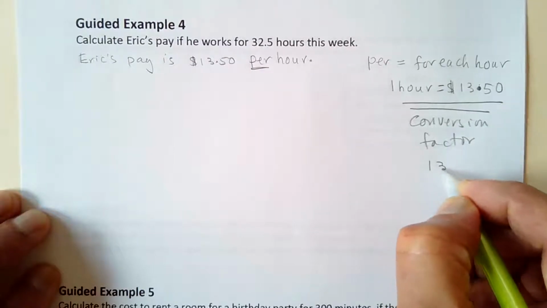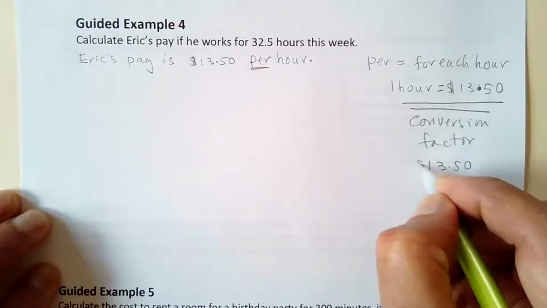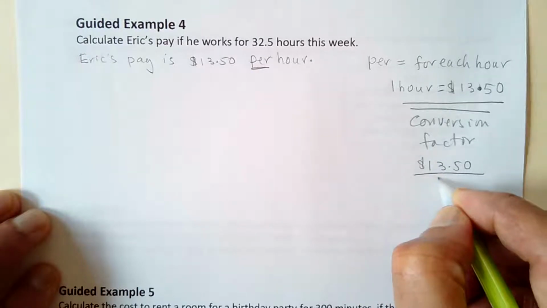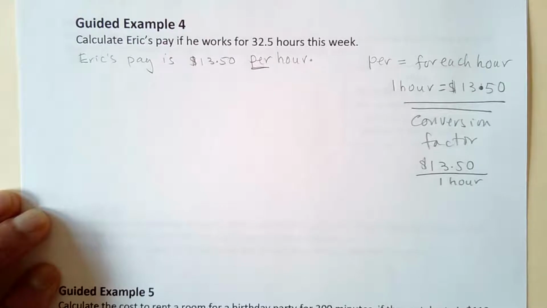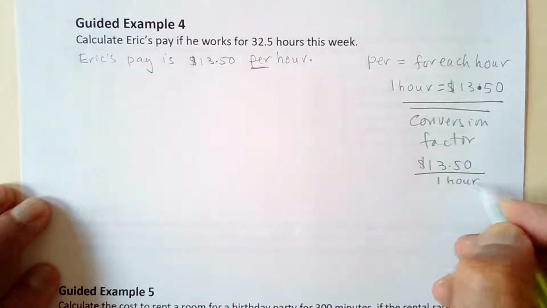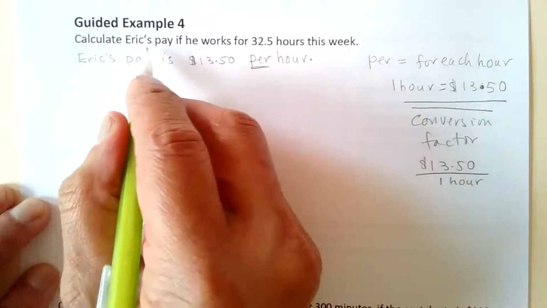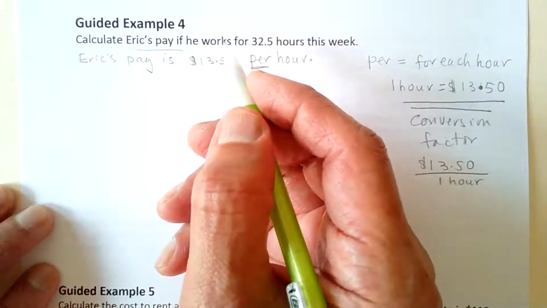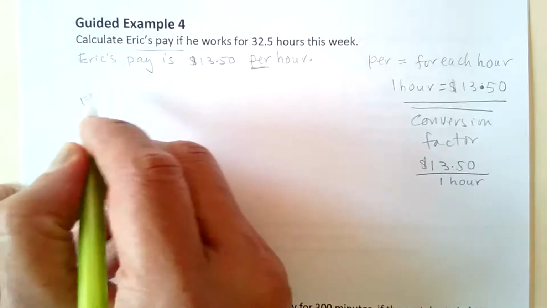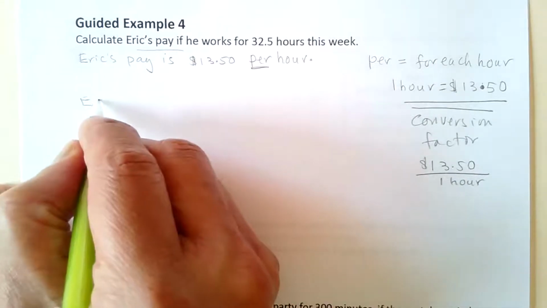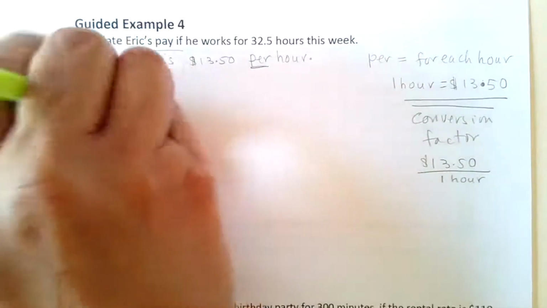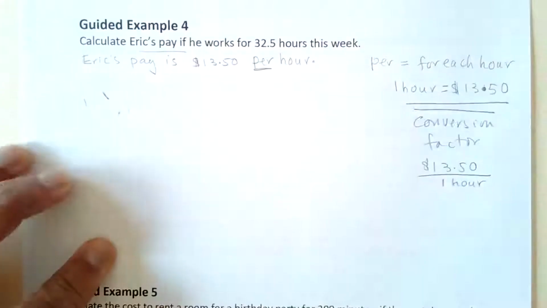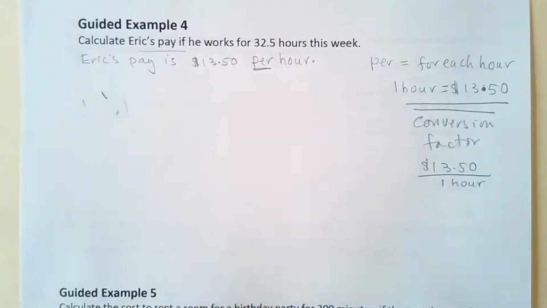So $13.50 for 1 hour. We'll use the proportion method to find out Eric's pay.